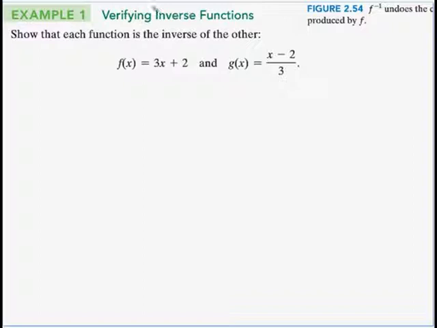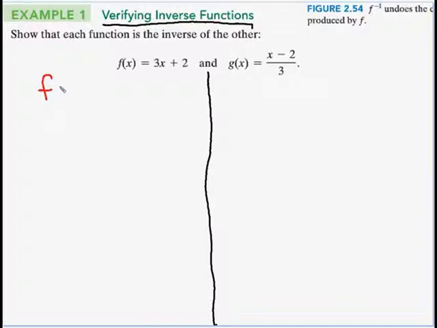Okay, example 1. We're going to verify that two functions are inverses. So it says show that each function is an inverse of the other. So let's see, I'll divide this up here. On the left, I'm going to do f of g of x. I'm going to compose the functions with g as the inner, and the inner function g will go into the f function.